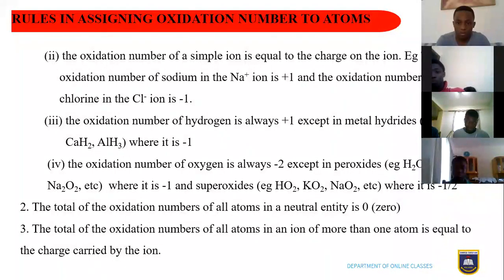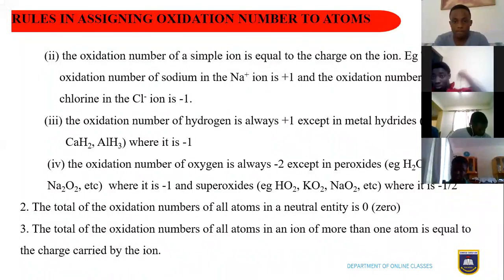Sir, please, you said you explain how we get a -half. Yes, I will explain that. I will show you how come the oxidation number of oxygen in compounds we call peroxides is -half.